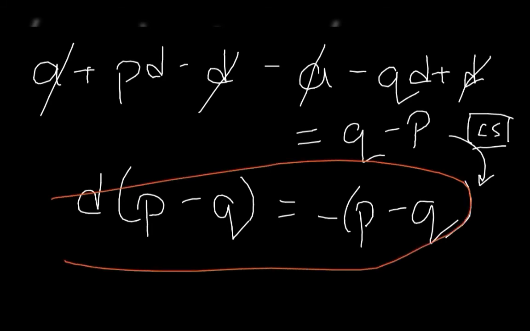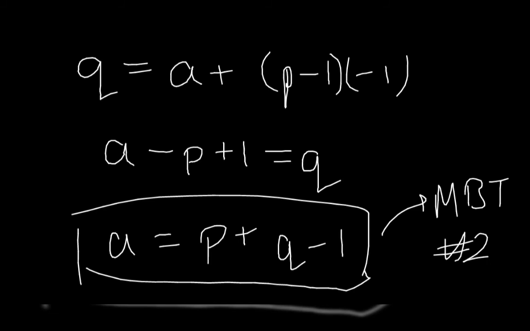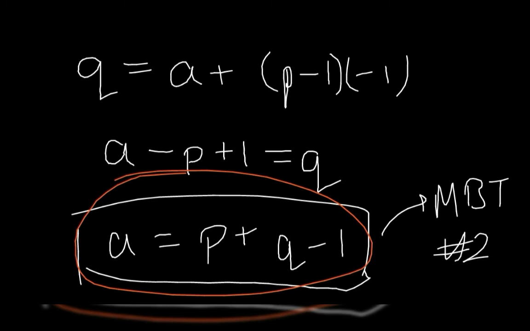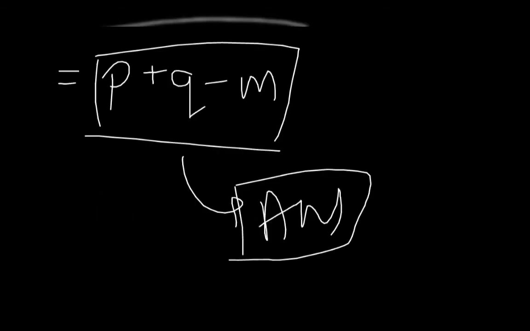Then you put the value of d and find the value of a. You know the value of a and d, sum done, put the value, done. You have finished the sum, full marks. This is the answer I got. Do it like this. That's the procedure.